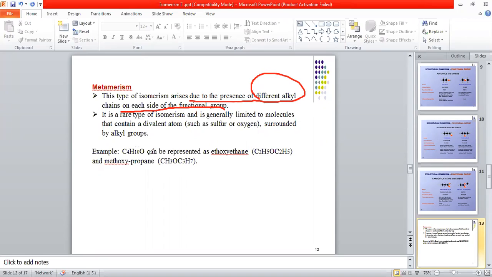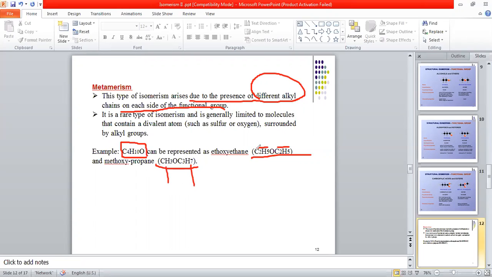In the example here, you can see the molecular formula is this one, and it can be represented in these two ways. Either you write it like this, C2H5 O C2H5, ether, or this one, which is also an ether, CH3 O C3H7. The difference is in the side chain alkyl groups: one side is ethyl and the other is methyl and propyl.